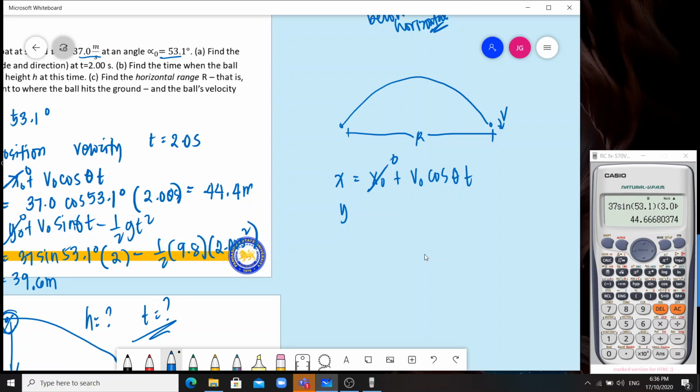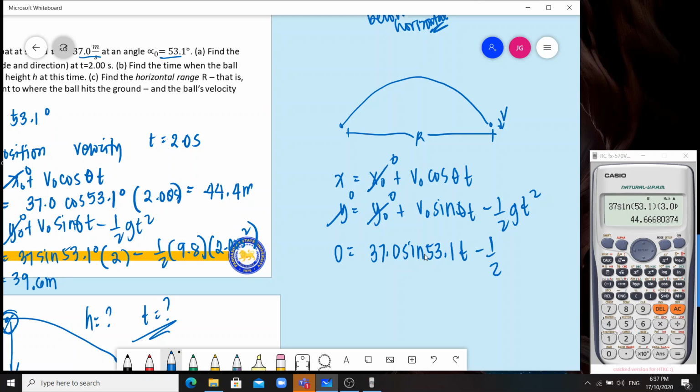So, pwede natin gamitin to. y0 plus v0 sine theta t minus 1/2 gt squared. 0 to at 0 din to. Okay. Kumbaga, ang initial position natin ay 0 at ang final position natin ay 0. When it terms sa height lang. Okay. So, 0 is equals to v0 is 37.0 sine 53.1 t minus 1/2 9.8 t squared.